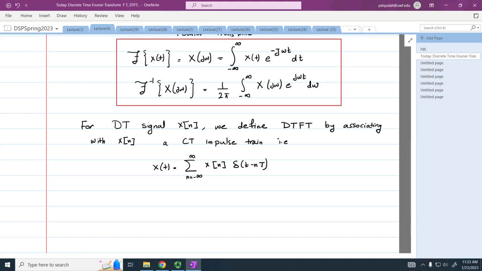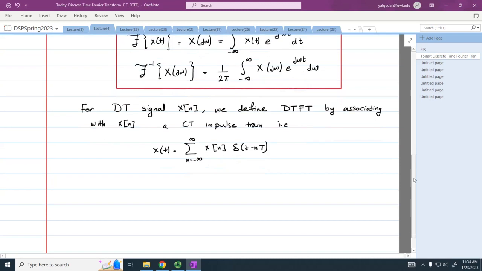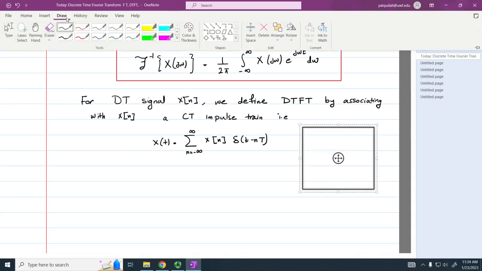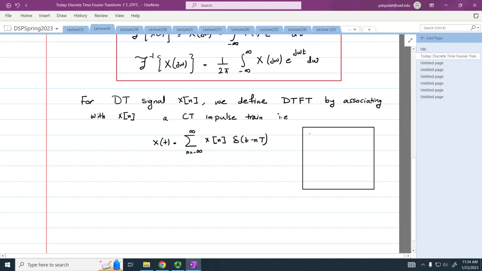Does that make sense? What is it we're doing here? You're giving me x of n. You tell me, oh, I have this x of n signal. I have a file here that has your audio recording, and it has these values: 50, 66, 31, 19, 20, 15, etc. This is x of n.